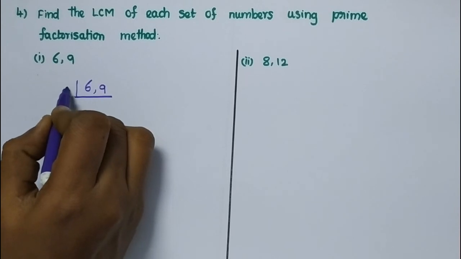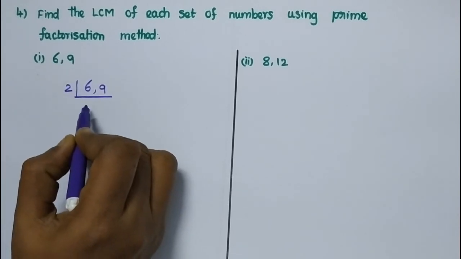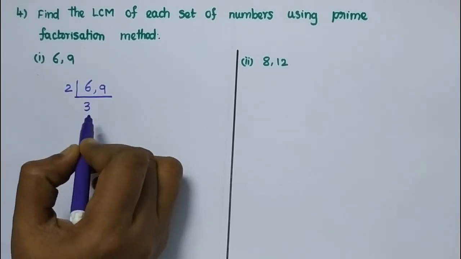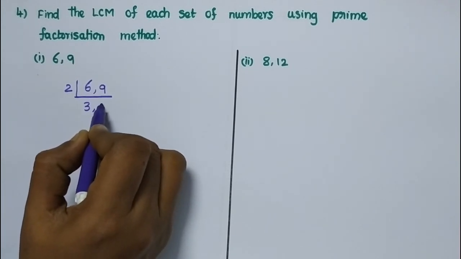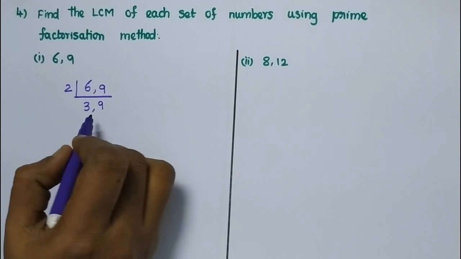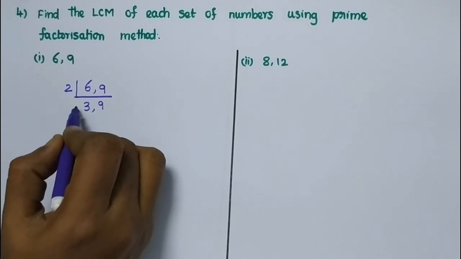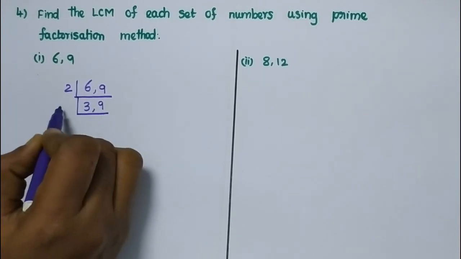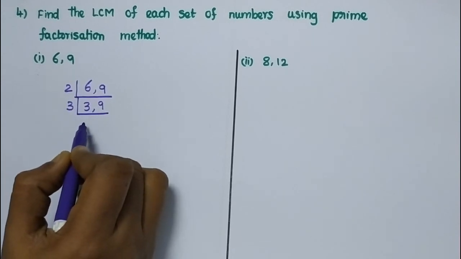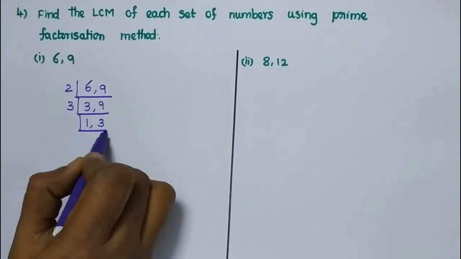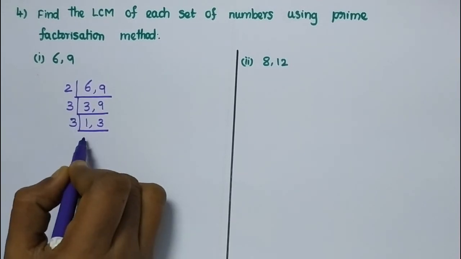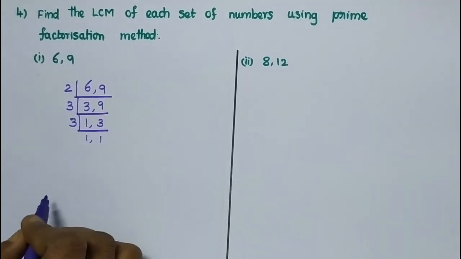First divided by 2. 6 only divisible. How many times? 3 times. 9 not possible. So write down as it is. Divided by 3 1 time, 3 time. Again divided by 3 means we get 1, 1.